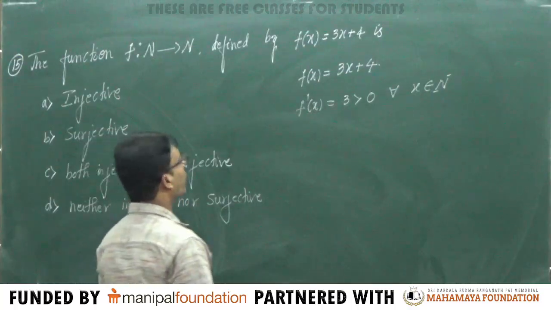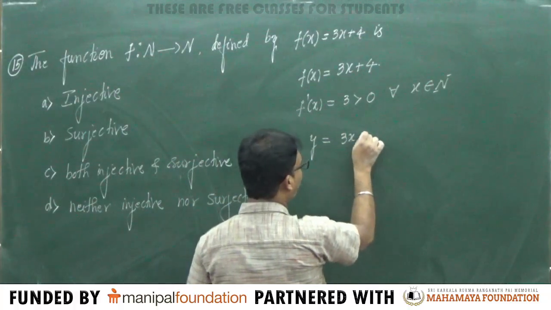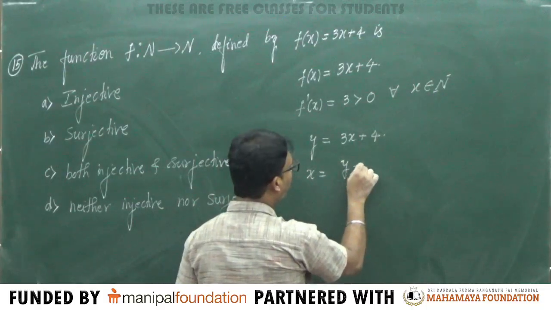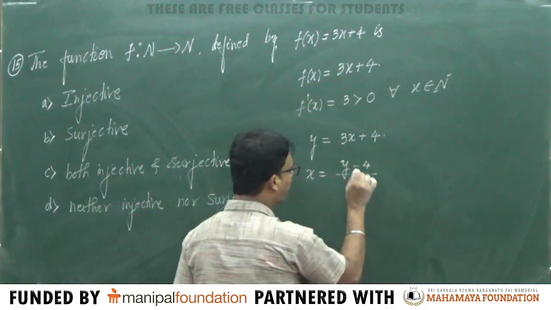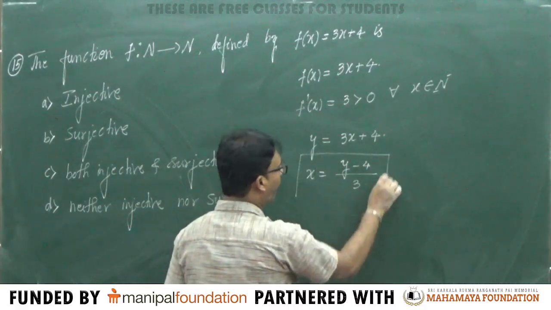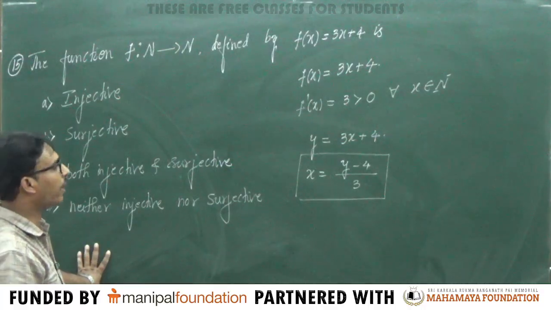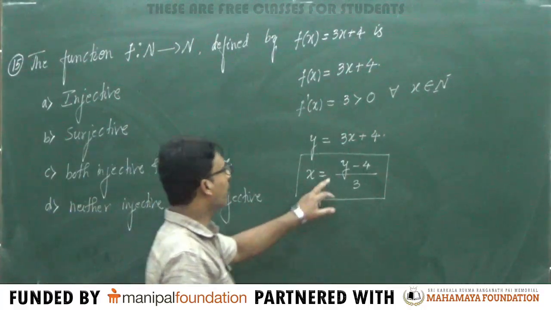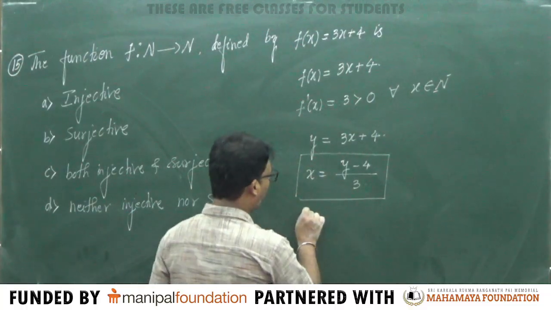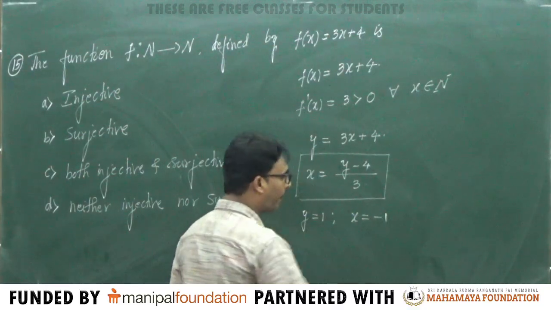To check for onto function, let us take f of x equal to y equal to 3x plus 4. Then the value of x is equal to y minus 4 upon 3. And whatever may be the value of y, check if this expression belongs to the set of natural numbers or not. As we know that the codomain set is N, y can take the value 1. If y is equal to 1, x is equal to minus 1.